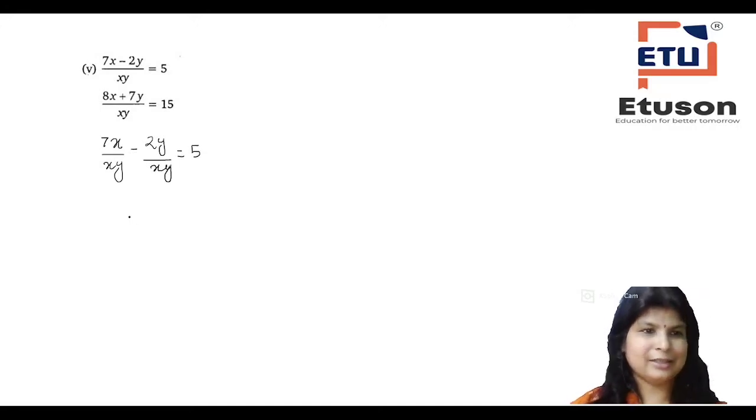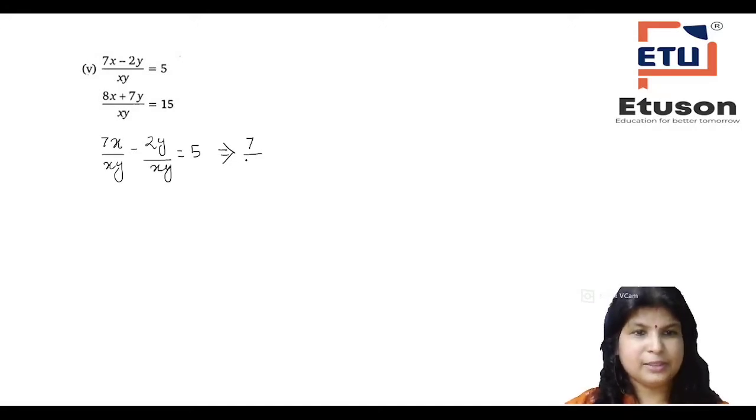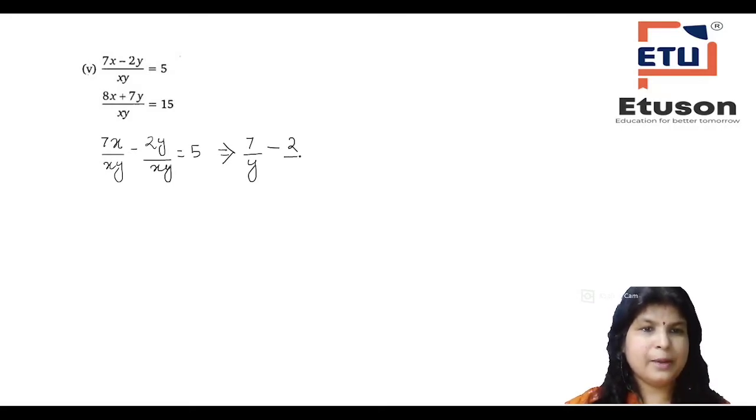Then the x in the numerator and denominator is getting cancelled. You will get 7 by y minus 2 by x is equal to 5.